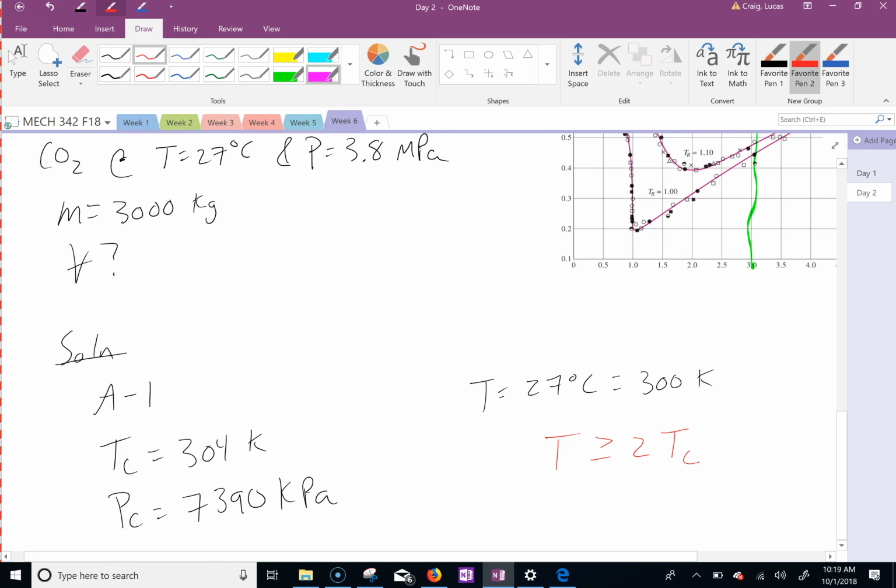Remember that rule that I showed you we could use for ideal? Is 300 greater than 2 times 304? No. So we know we have to use the non-ideal equation, meaning this is not going to expand with a z factor of 1.